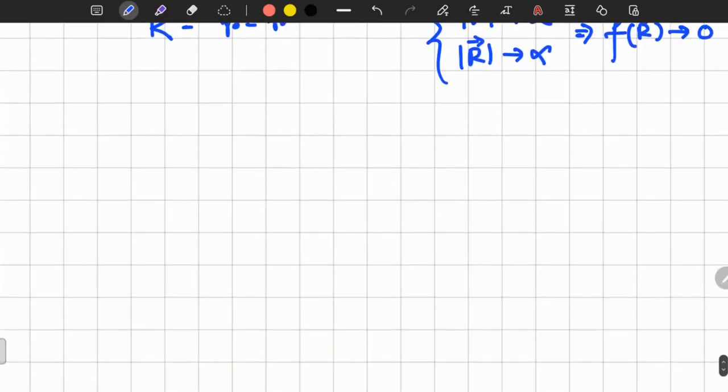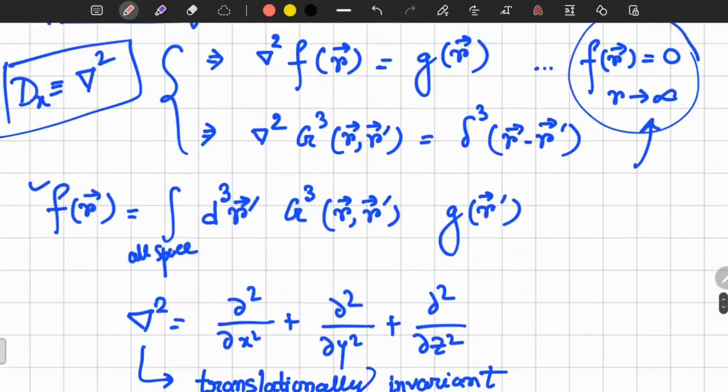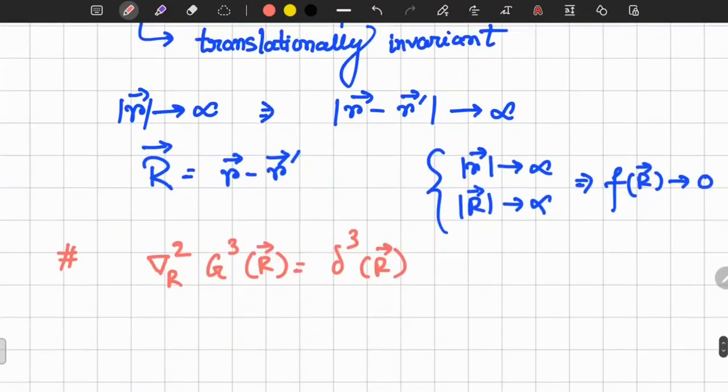So we can now write the green equation like this, with the Laplacian operator written in terms of capital R, the shifted coordinate. G3R equals to, because this was just r minus r prime, that is capital R. So we have written our overall green function equation in terms of capital R, so that we can solve it easily.